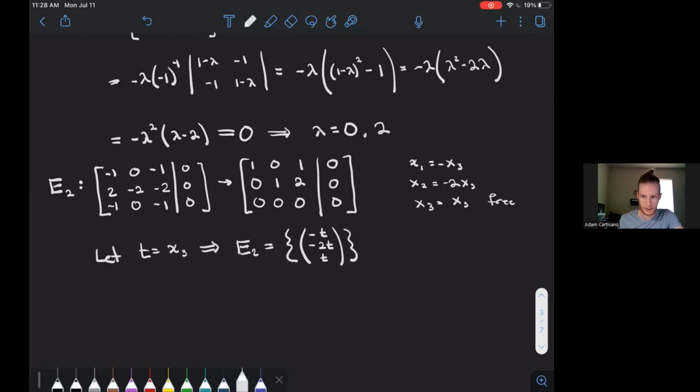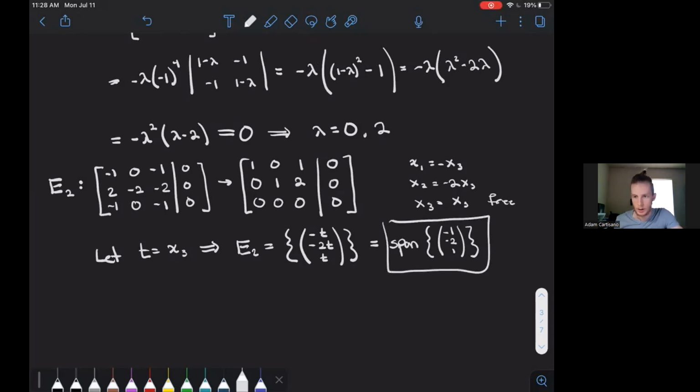But now we have to go and write it as a basis, or find a basis. So write it as the span of one basis vector. So span of -1, -2, 1, like this.